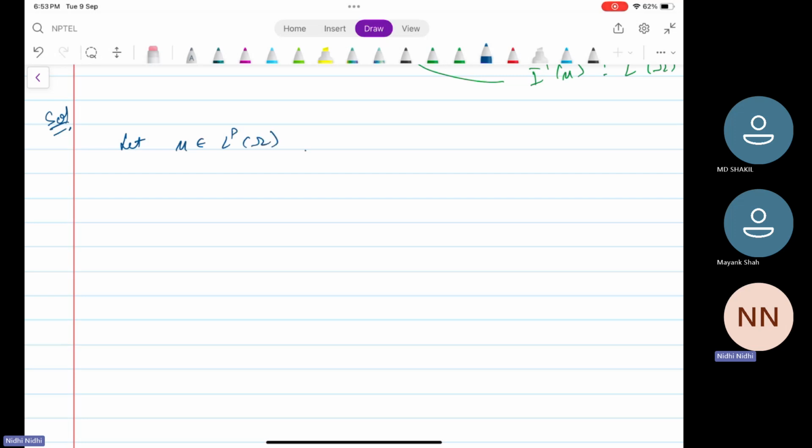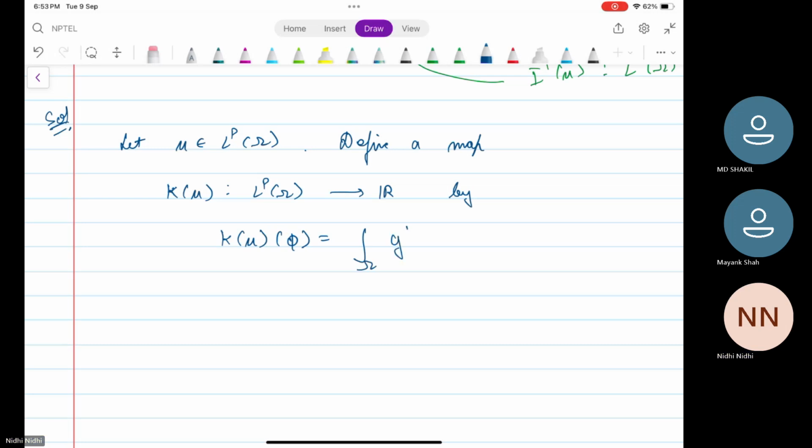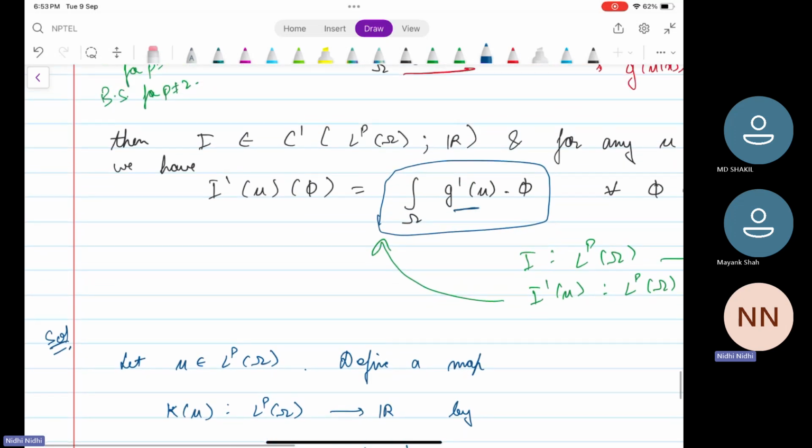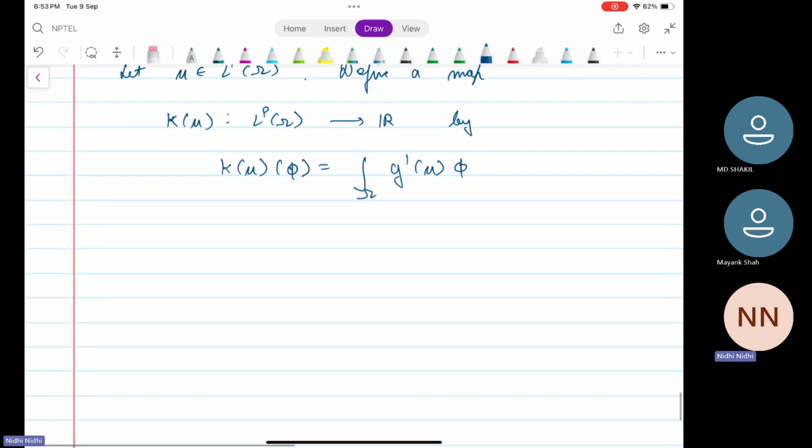Firstly, we define a map K_u from L^p(Ω) to R by K_u at any point φ, given by the integral over Ω of g'(u) φ. We'll see how the derivative of g will help us to get the derivative of the function I. Basically, because here also we need to get g'(u). This is for every φ in L^p.